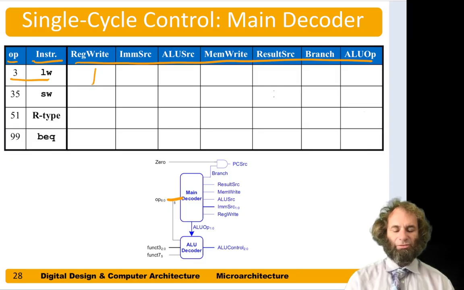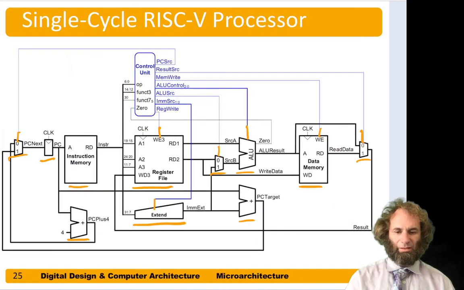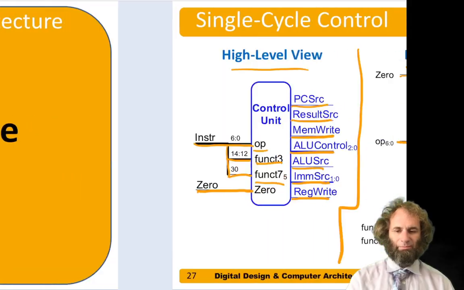It's an I-type instruction, and we might remember that the immediate source for an I-type was 0, 0. The ALU source, we want to select our second source from the immediate. And looking back here, to choose the second source, source B, from the immediate, ALU source should be 1.